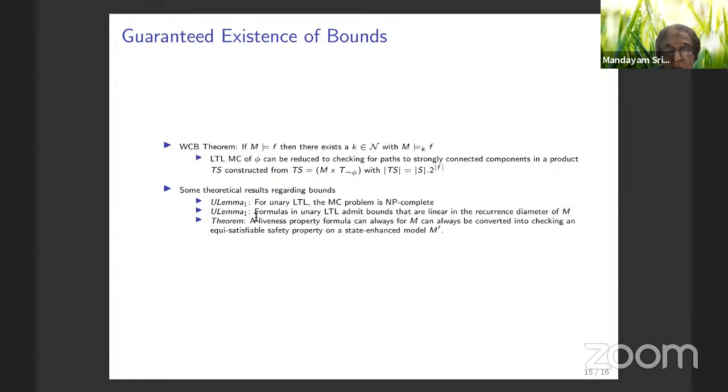And another thing to note is if you stick yourself to F, G, and P, then you can always express the bound as some linear function of the recurrence diameter. And of course, what that linear function is depends on the property, and we will see that for a few examples. Any questions?